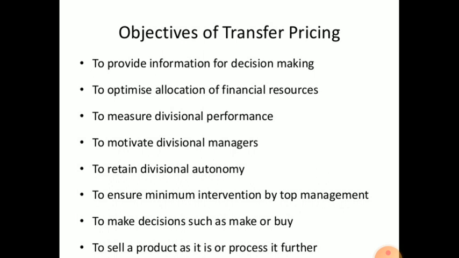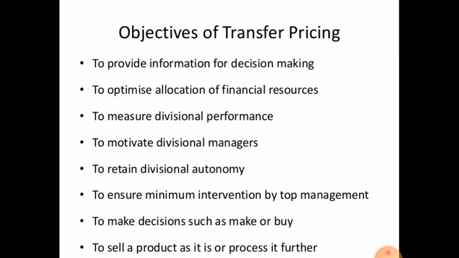To measure divisional performance, it helps to measure the different divisions in the organization. The next one is to motivate divisional managers. For what? They try to transfer from one department to another department. That motivates the divisional managers to make such inter transfers.